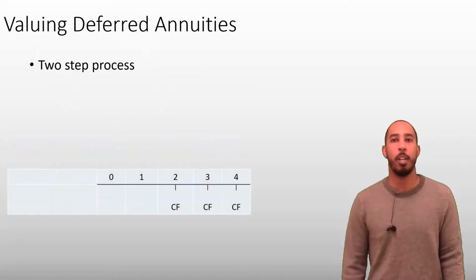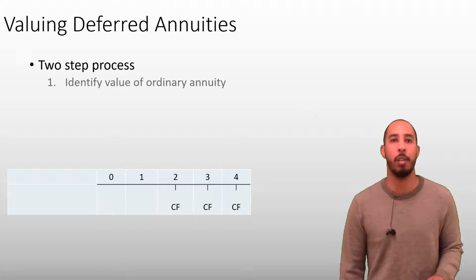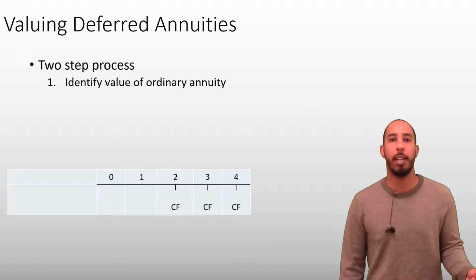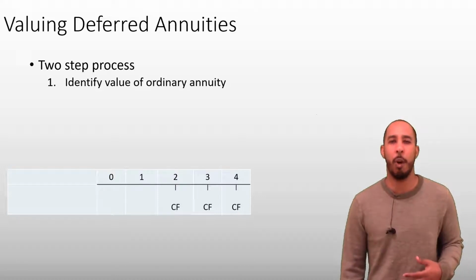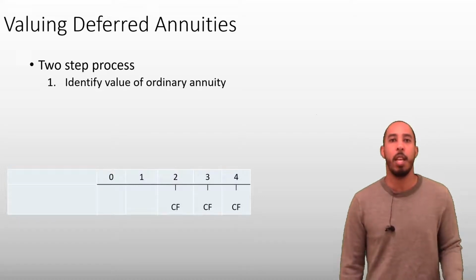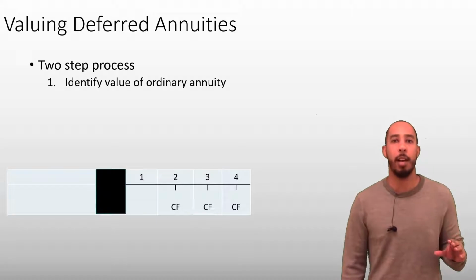To value a deferred annuity, you can use a 2-step process. The first step is to identify the value of an ordinary annuity. If you look at this timeline, we should be able to make it look like an ordinary annuity, which is something that we should already be comfortable valuing. If I block out the front part of the timeline and imagine the 1 being a 0, then this looks just like an ordinary annuity.